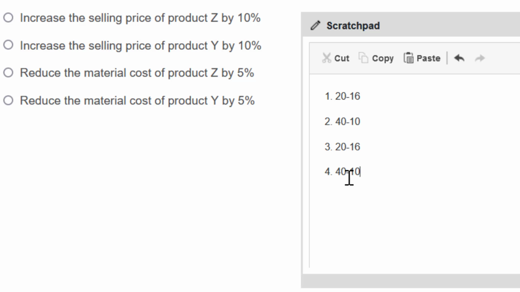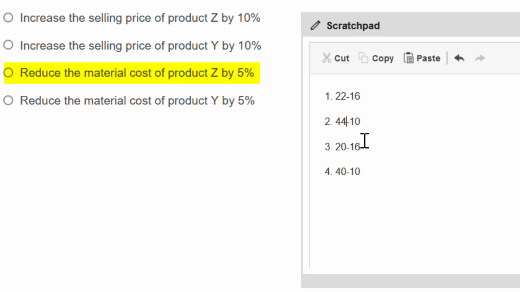Now, I'll use my handy-dandy calculator, and I will do those operations. So if we increase the selling price of Z by 10%, that's going to go to 22. If we increase the selling price of Y by 10%, that's going to go to 44. If we reduce the material cost of Z by 5%, let me do that with my calculator.